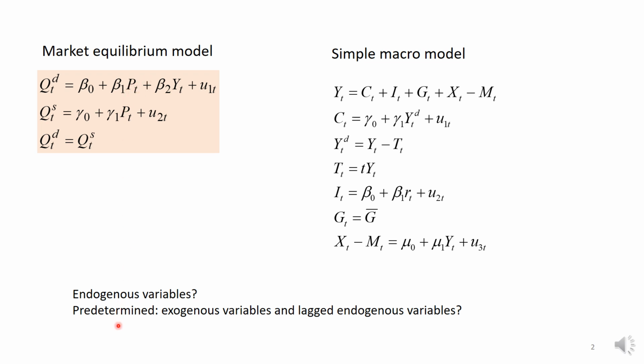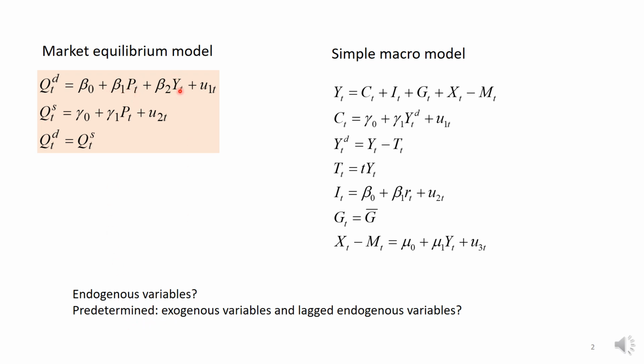The exogenous variable will be your income level. There is no lagged endogenous variable because there is no lag for your quantity or your price. There is no P(t-1), P(t-2), and so on, and no Q(t-1), Q(t-2), and so on. So for this case, the endogenous variables will be your quantities as well as your price, whereas the exogenous variable will be your income.